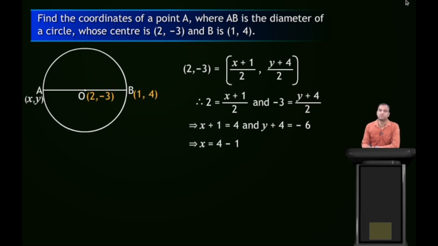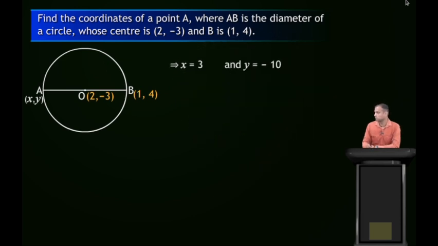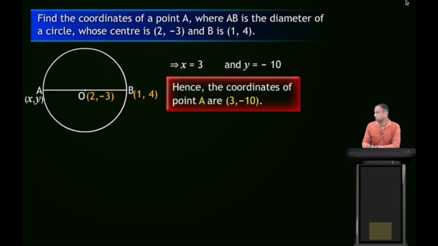So x equals 4 minus 1, which is 3, and y equals minus 6 minus 4, which is minus 10. So these are the coordinates of point A, 3 comma minus 10. Hence the coordinates of point A are 3 and minus 10. So this is our answer.